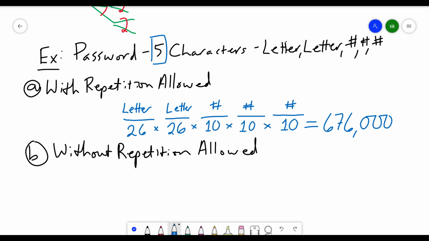Now let's take a look at what happens if we don't allow repetition. So I would do the same exact thing. So I would draw my 5 lines, and on each of them I'd write what I know. So my first one is going to be a letter. The second one is going to be a different letter.